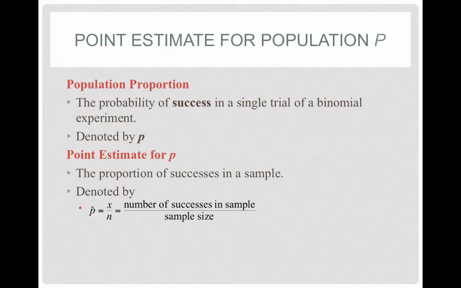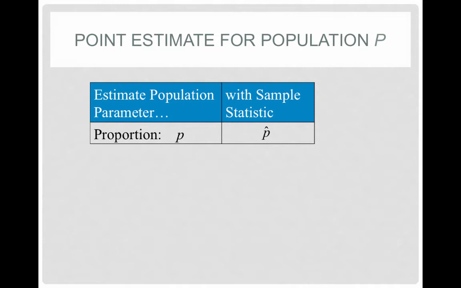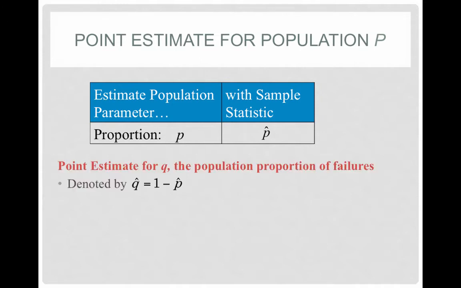We use p with a little caret on top of it, read p hat. We calculate this proportion by taking the number of successes as our numerator and letting our denominator be the sample size. Again, we're going to estimate the population parameter, plain old p, using the sample statistic p hat.